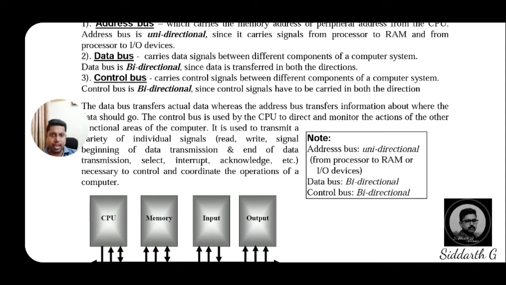All these three buses have a different functionality and a different direction. So based on this, we come to know all the buses have different functions. Note down, address bus is unidirectional, data bus and control bus are bidirectional.